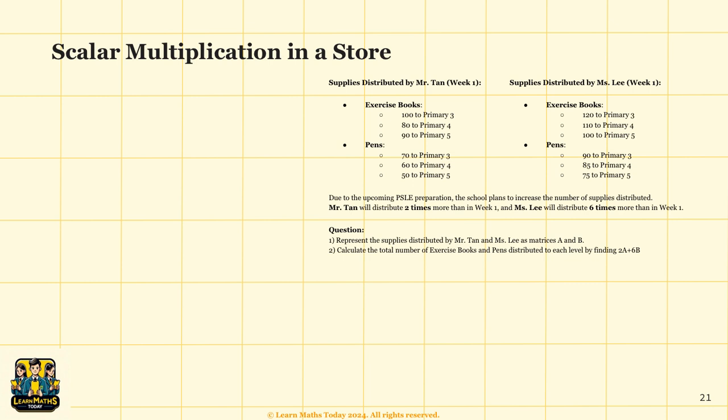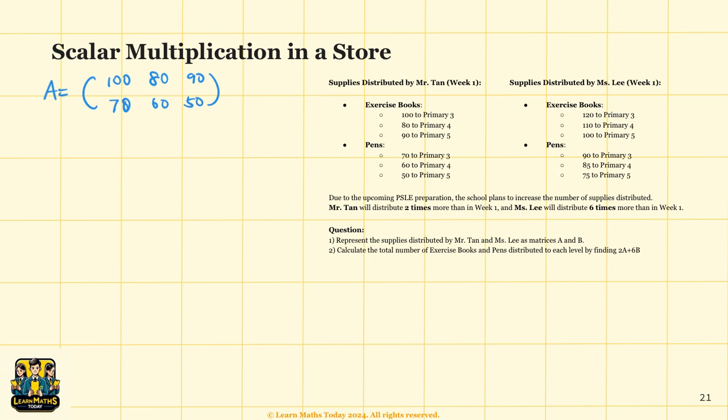We can present it as A equals 100, 80, 90 for the first row, and then the second row 70, 60, and 50.